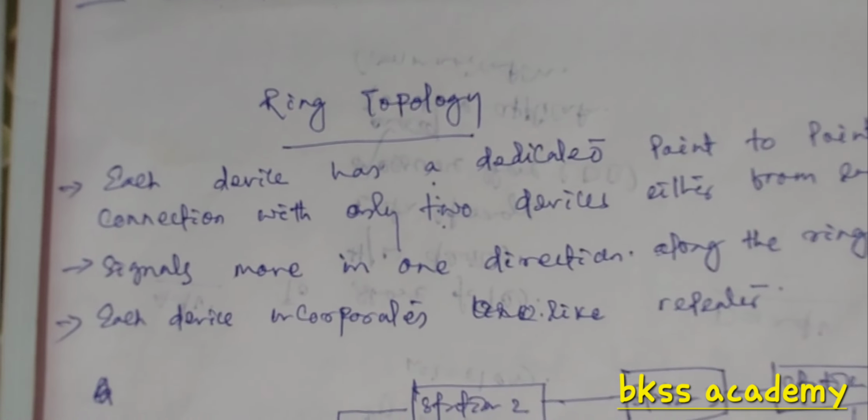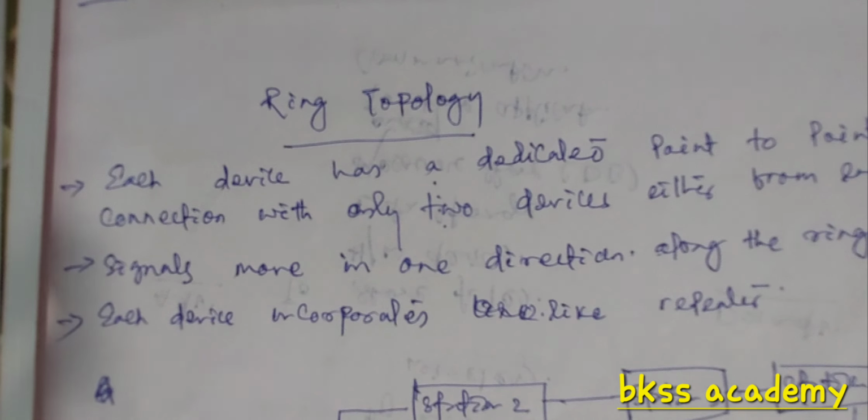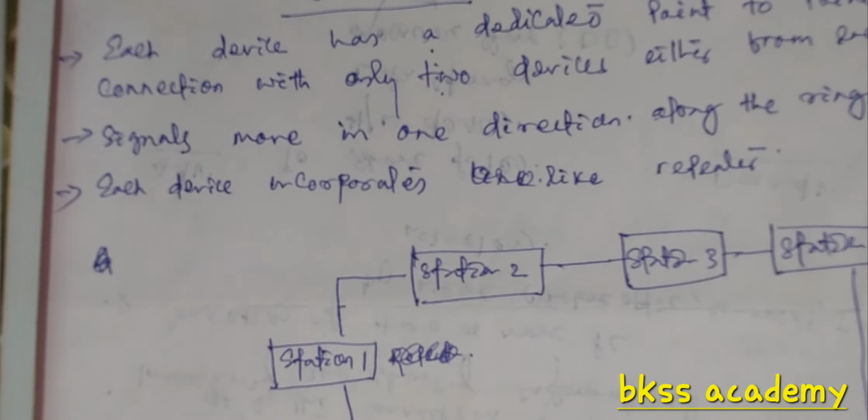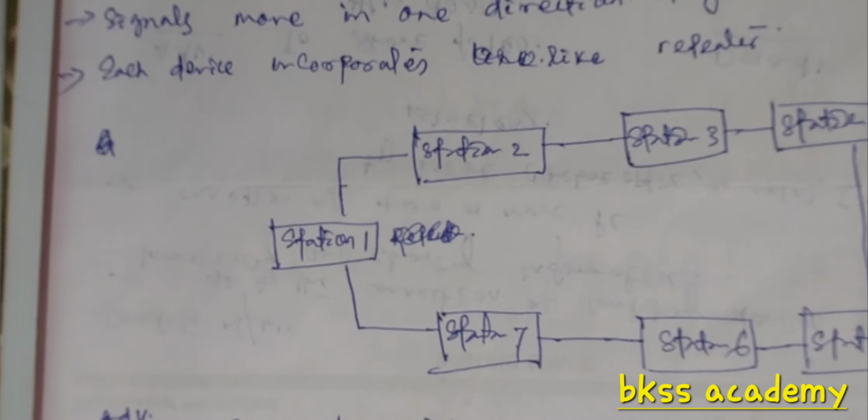Similarly, another concept, ring topology. Each device has a dedicated point-to-point connection with only two devices, one on each side. Signal moves in one direction along the ring. Each device incorporates a repeater. This is the diagram.